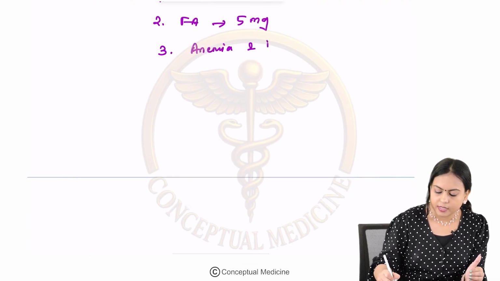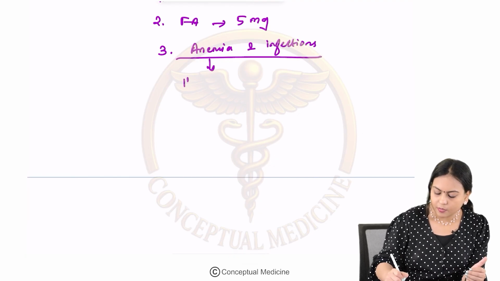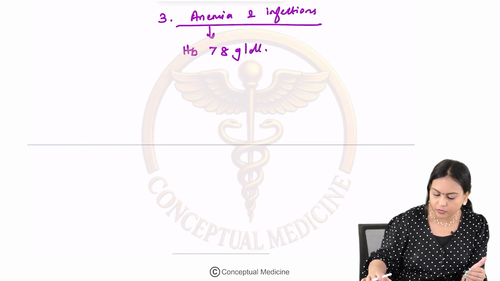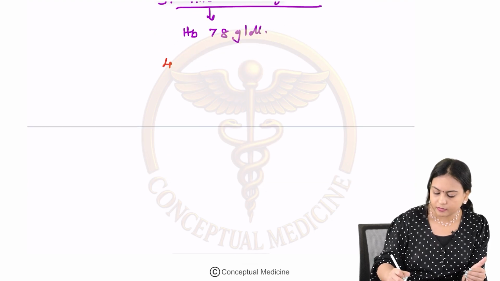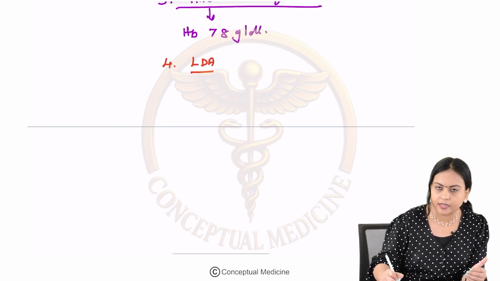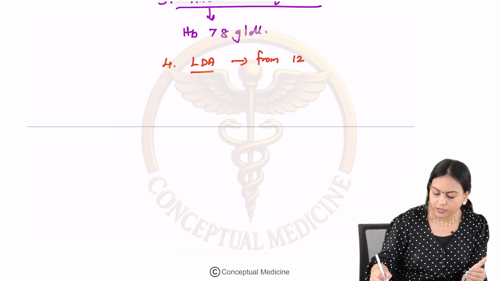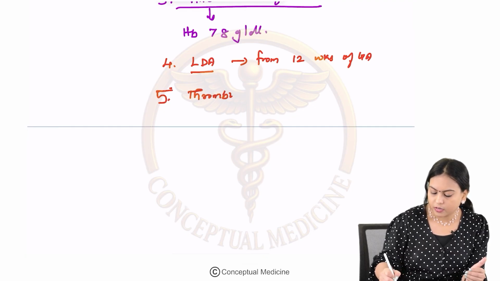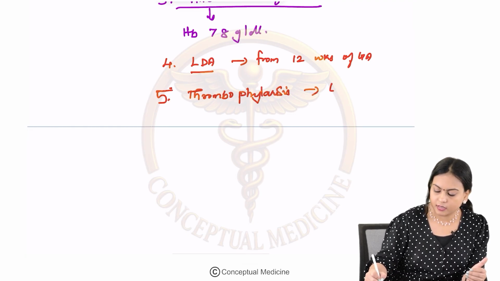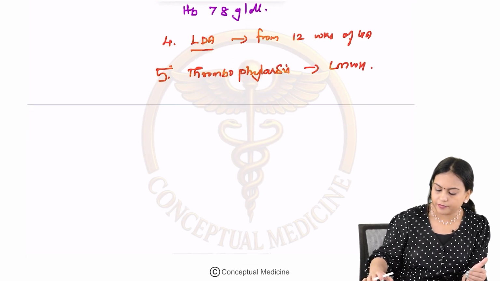Routine screening should be taken for all these things, especially the hemoglobin should be maintained above 8 gram per deciliter. And you have to start them on low dose aspirin from 12 weeks of gestational age, and for thromboprophylaxis also you have to start them with low molecular weight heparin.